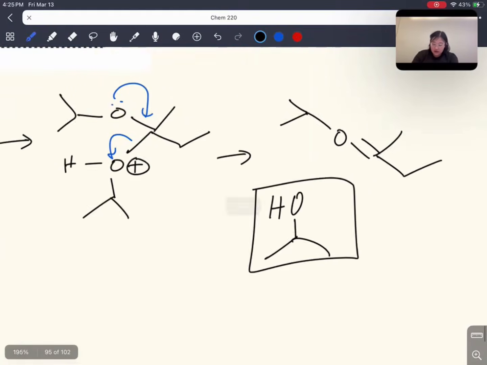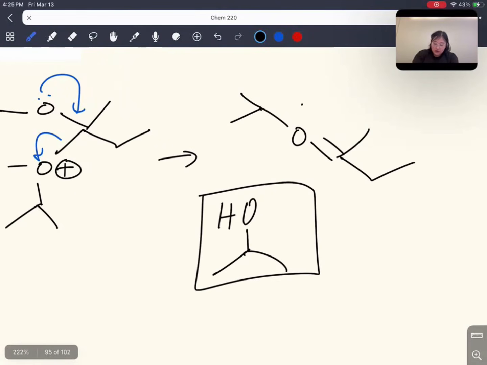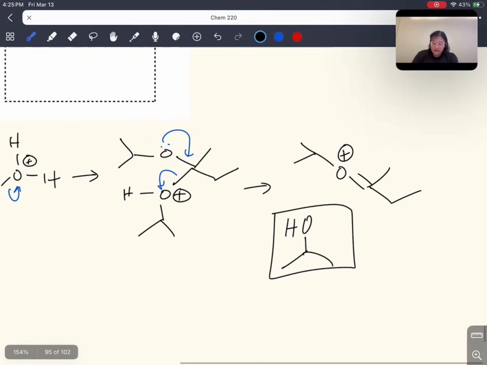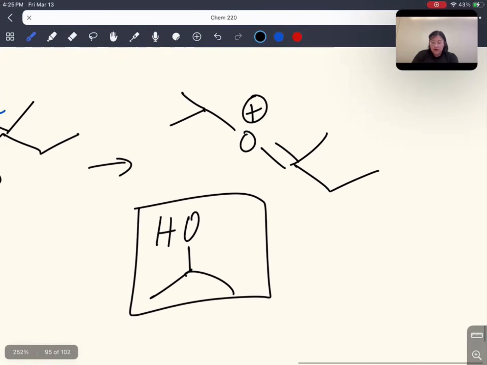But now I have this positive charge, right? And what do we know about carbonyl carbons? We know that if you have a positive charge on an oxygen, that makes this other carbon more electrophilic. And what do we have in the solution? We also have water.